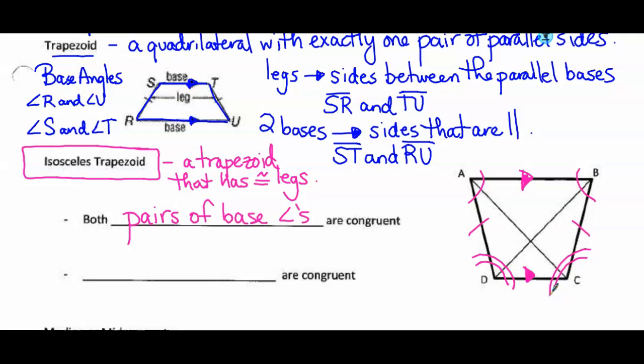Also, diagonals are congruent. So there's three things there you want to pull out about trapezoids. It has exactly one pair of parallel sides. If it's isosceles, both pairs of base angles are congruent and the diagonals are congruent.